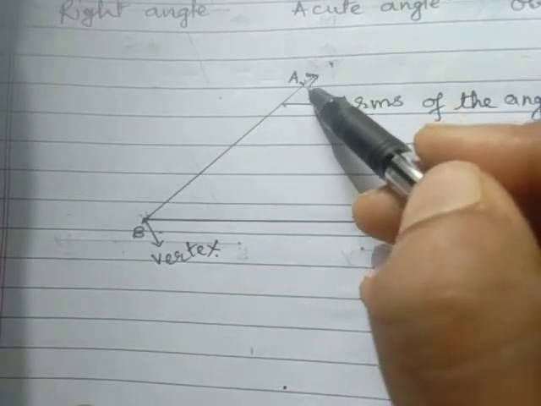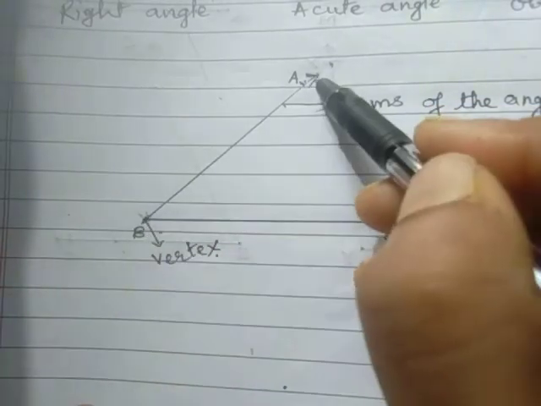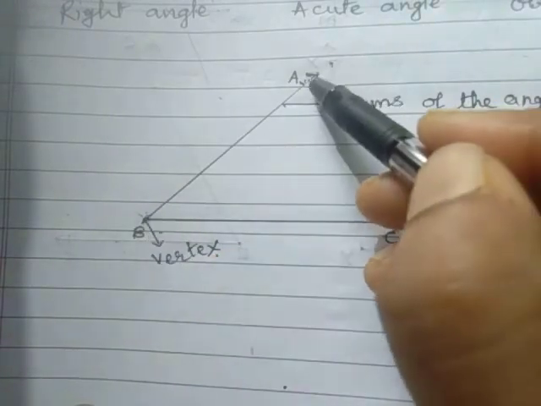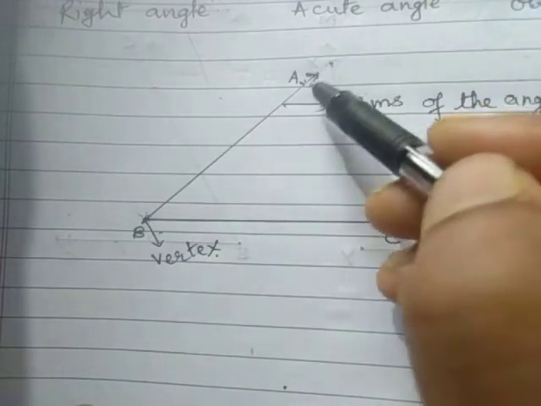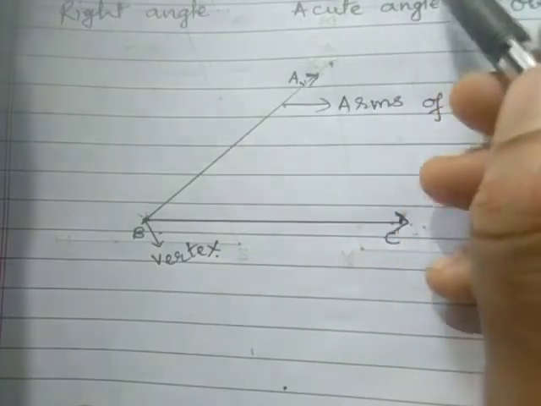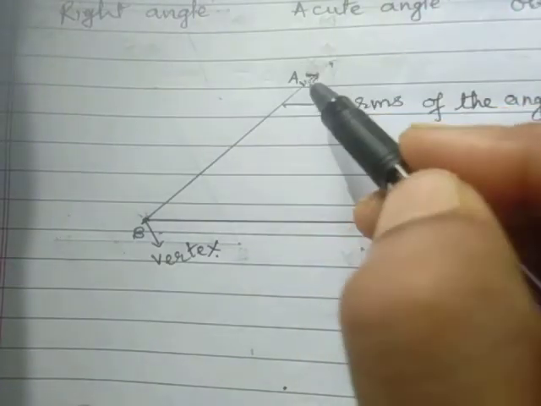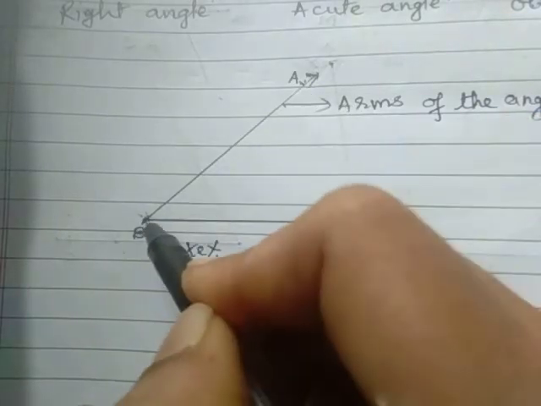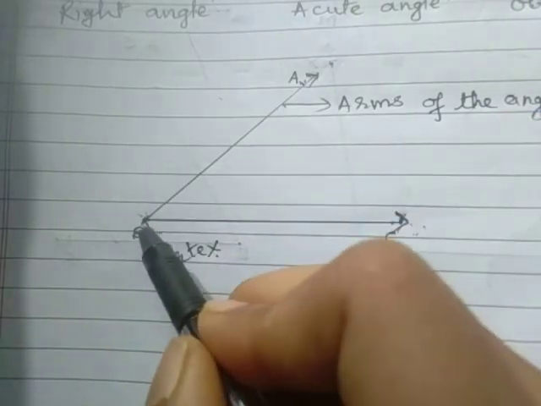That is, you can see over here an arrow. Actually from here to here, this is called a ray, which has a starting point and is going in the upward direction. The arrow shows that it will continue like this. Therefore, whenever we are naming the arms of the angle, we should always name them from the vertex.